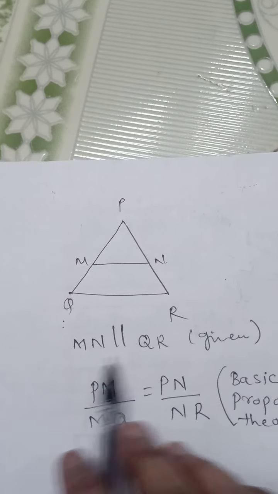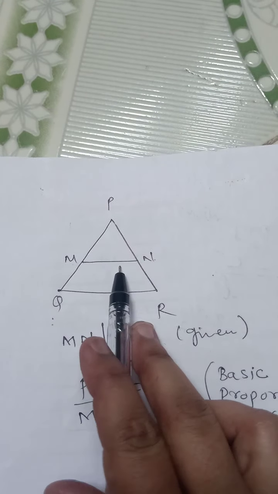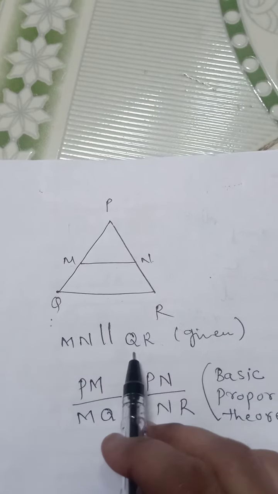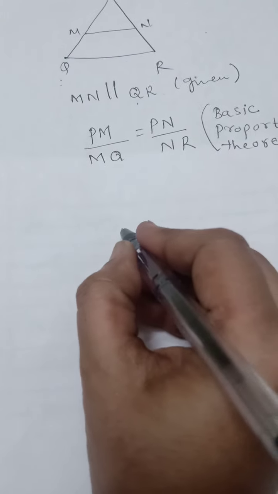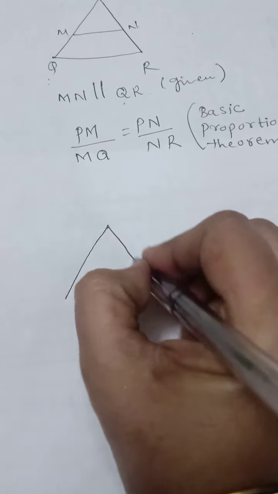So you have to remember when you have to write this reason. If it is given that one of the lines or segments is parallel to any one side of a triangle. But in another way, for example, a triangle is given to us.